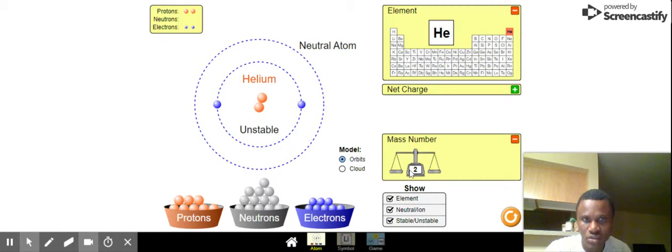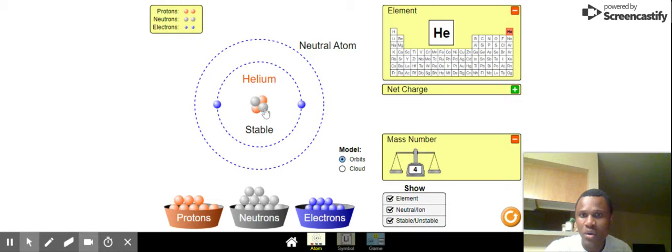That gives me the mass number. So experimentally or in nature, this element that I'm building has a mass of 4 atomic mass units. But based on the model that I just built, I have 2 protons, which means that this atom has a mass of 2, which in reality is not true. So for me to make this mass 4, I need to add 2 neutrons to the nucleus.